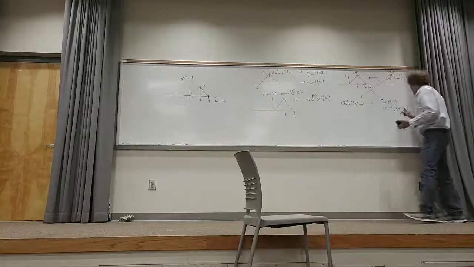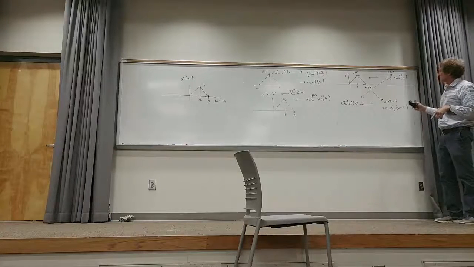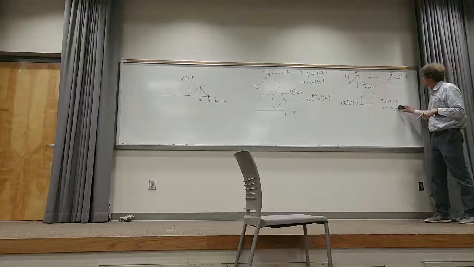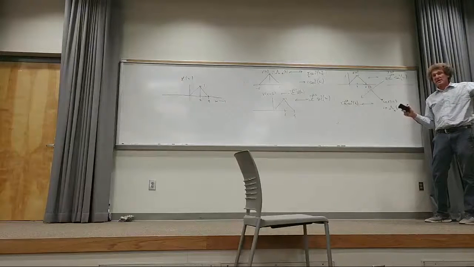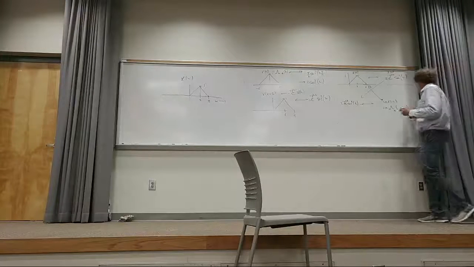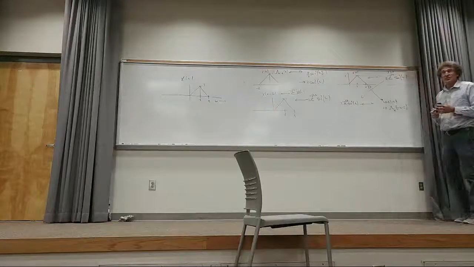But what happens to omega here? It's replaced with what? I mean, t becomes, that's t over there. It's replaced by, I shouldn't have done it, minus omega, right? All right, so this is really going to be minus omega minus 2. Now, you'll notice something about this.